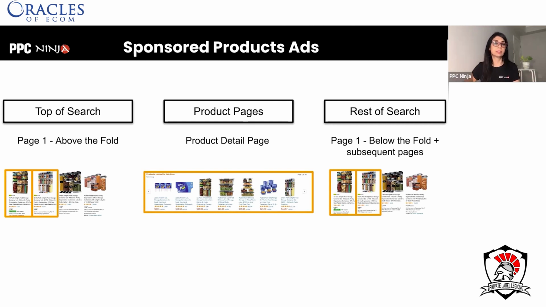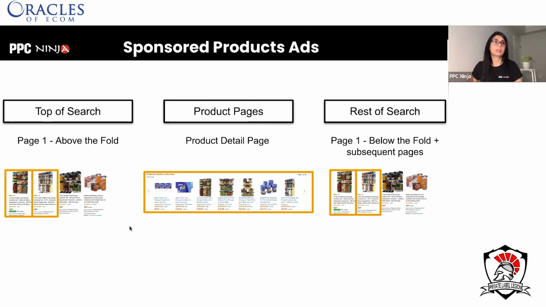So top of search placement is a highly coveted spot. All of the big brands will bid plenty of dollars to show their ads here, and there's almost a fight for this space because it's limited. There are sometimes 2 ads, sometimes 4. But in any case, this is the area where most of the eyeballs are.